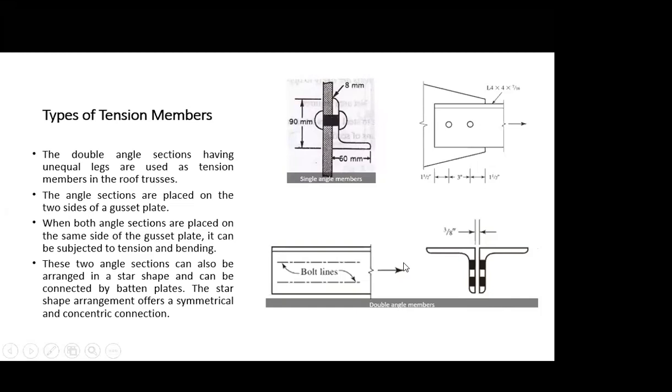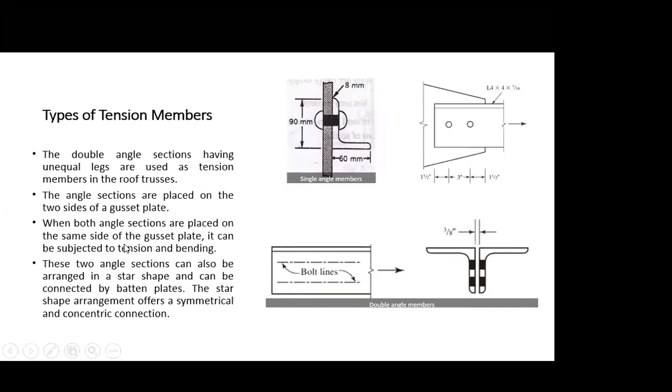The double angle section, with equal or unequal legs, is used as a tension member in roof trusses. The angle sections are placed on the two sides of the gusset plate.